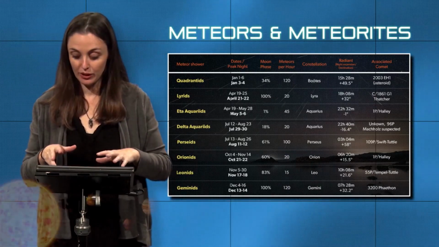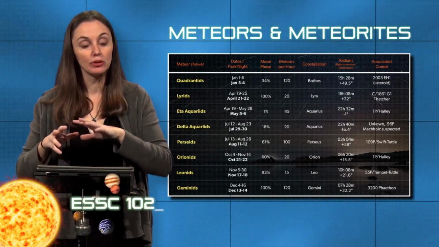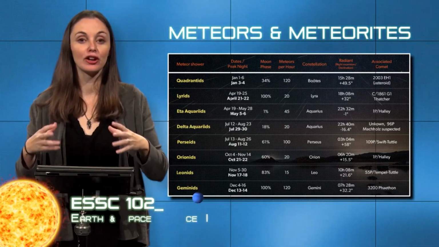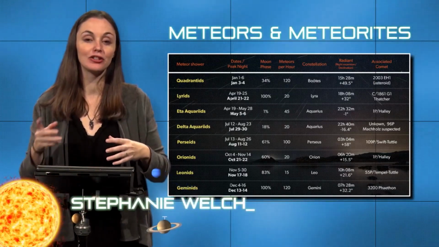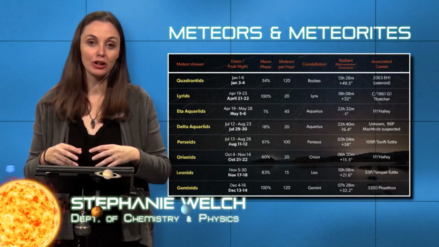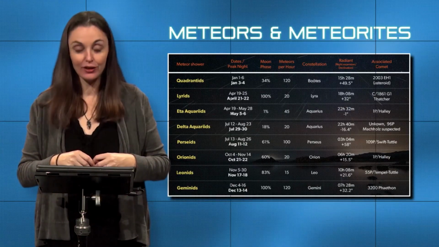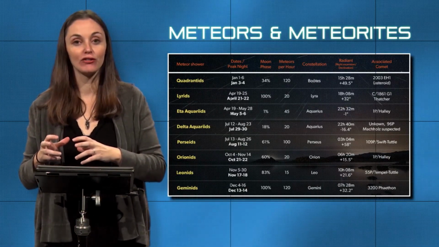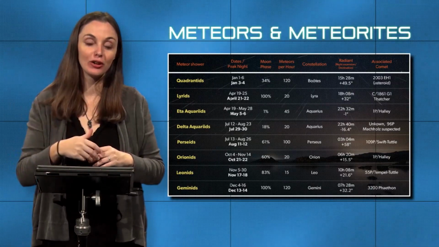The last thing I want to point out is that this debris can be left behind from any number of regularly occurring comets that enter into the inner solar system. Every time they do this, they leave behind debris. Comet Halley is particularly susceptible to this, having a very routine orbit that takes it very, very close to Earth.